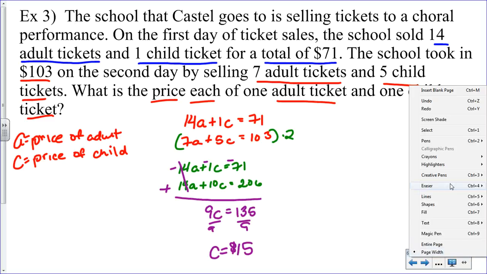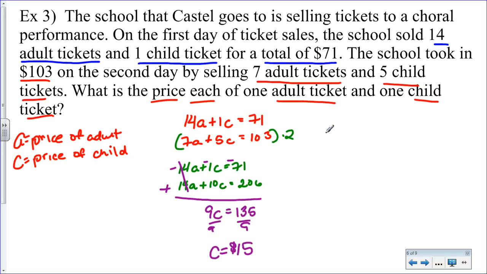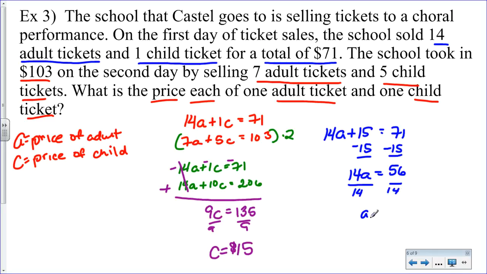We're going to plug that back in to the first equation to find my adult ticket. So I'm going to do 14A plus 1 times 15, which is just 15, equals 71. We're going to subtract 15 from both sides to get 14A equals 56, and then divide by 14. So 56 divided by 14 gives me 4.